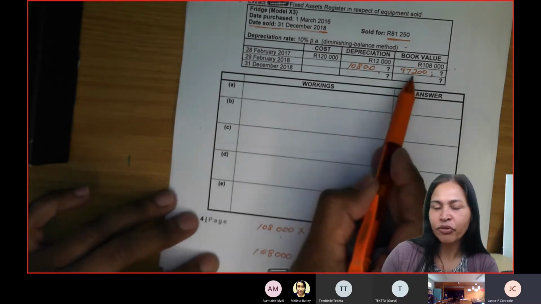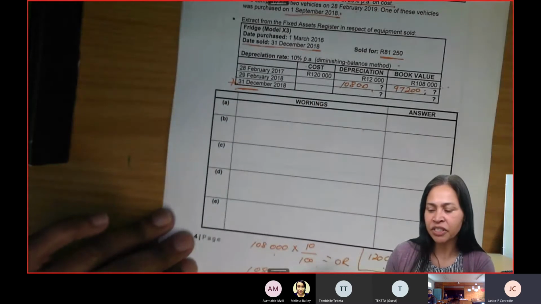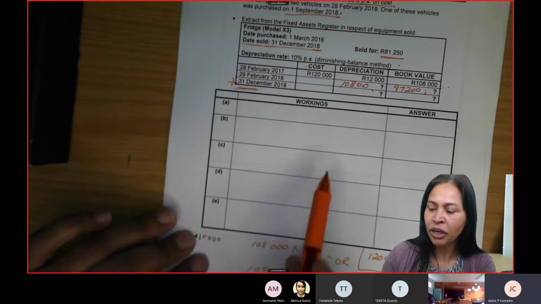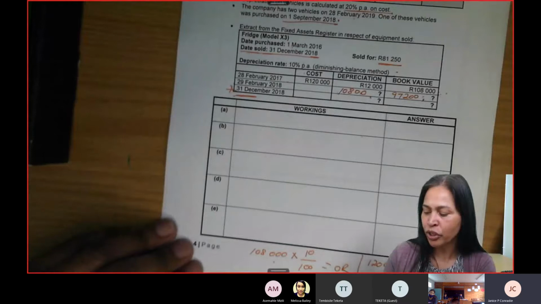So I now have a book value of 97,000. Now it's the same procedure to find this, but this one, we only need to go up till 31st of December. And that is what is important then. So can you see what I'm doing? I'm first asking you to find this information because this will assist you with the next part of it before we go to the note.